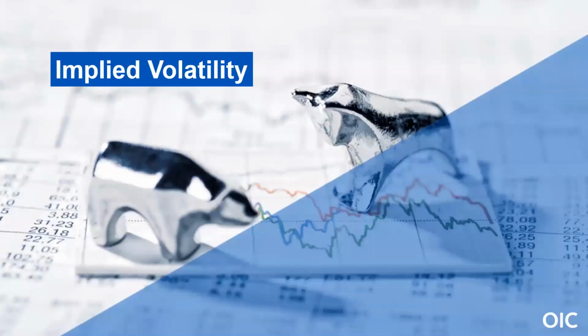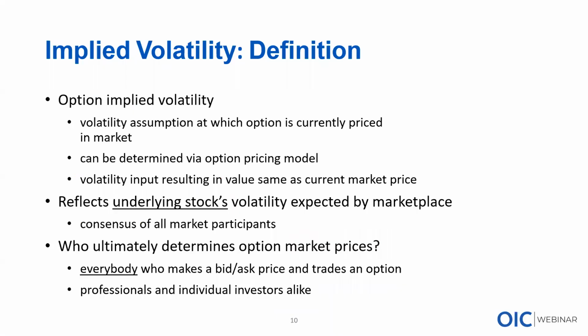I've already somewhat defined what implied volatility is. This is the term that is specific to options contracts. Implied volatility by definition is the volatility assumption at which the option is currently priced in the market. Let's think about the options pricing models. You have inputs on one side of a pricing model as you're trying to calculate a theoretical value for a call or a put option.